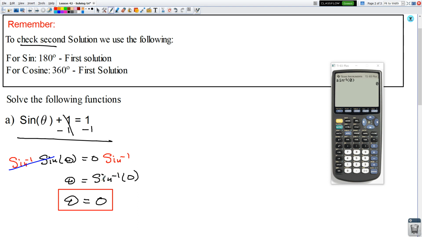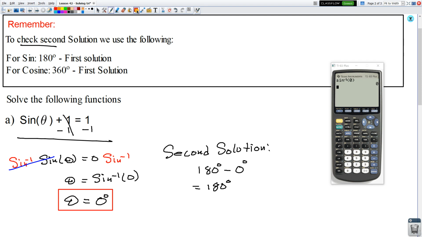Notice that what we solved here was a sine function. In order to find the second solution for sine, we're going to do 180 degrees minus the first solution. The first solution here was 0 degrees. So 180 minus 0 is 180 degrees.